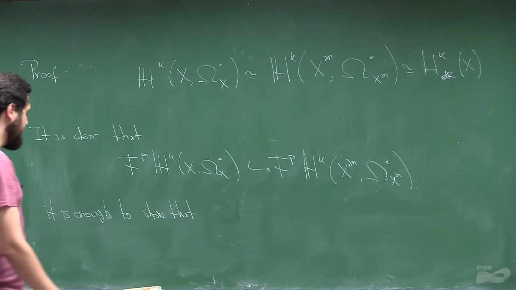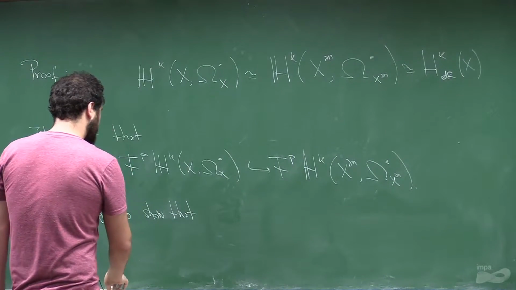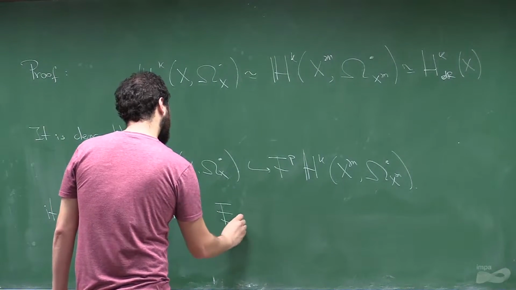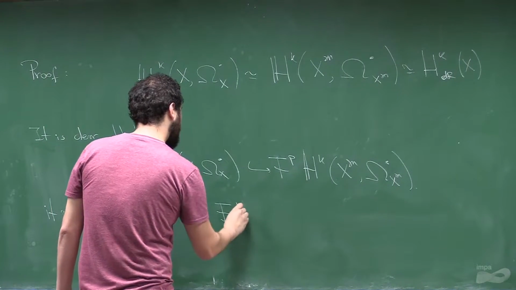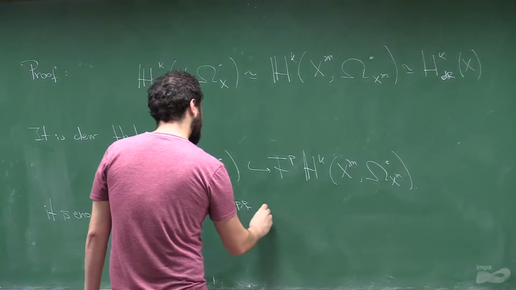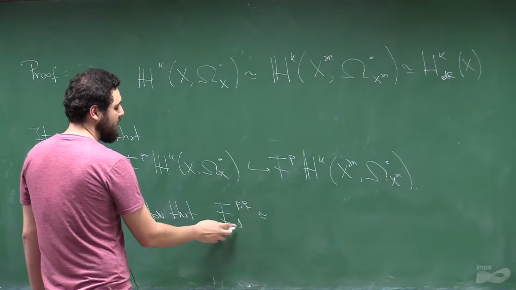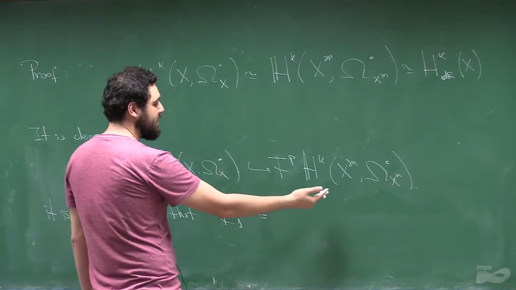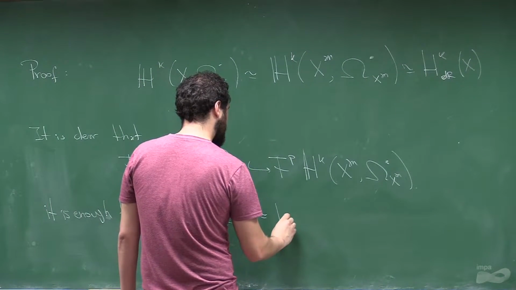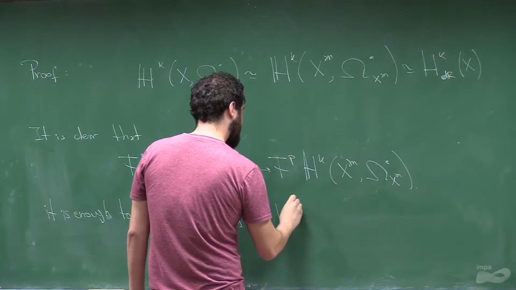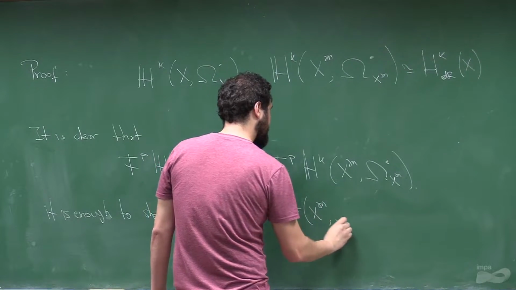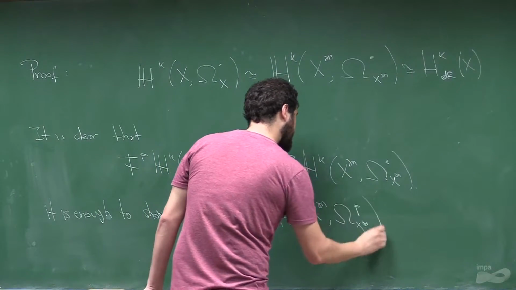So it is enough to show that the E1^{p,q} on the algebraic side is isomorphic to the E1^{p,q} on the analytic side, which we know is just H^q of X_n, Omega^p of X_n.